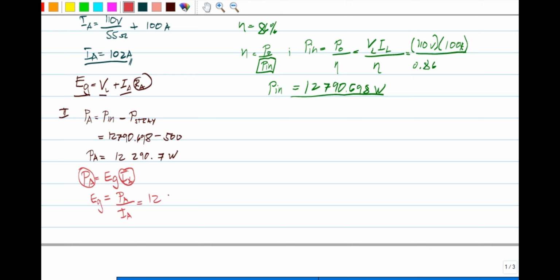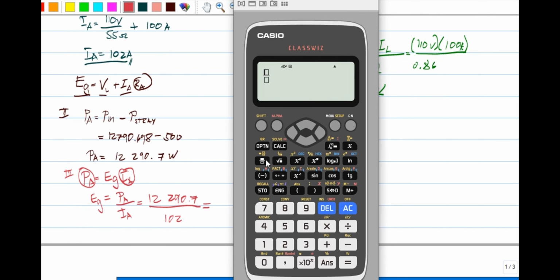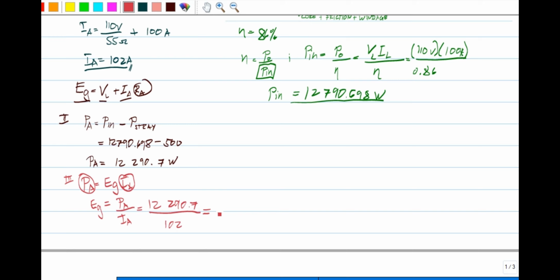Therefore, 12,290.7 divided by IA of 102 amps, we have 120.497 volts.